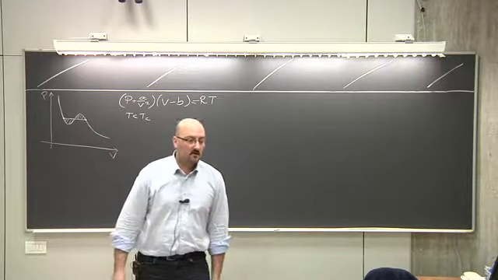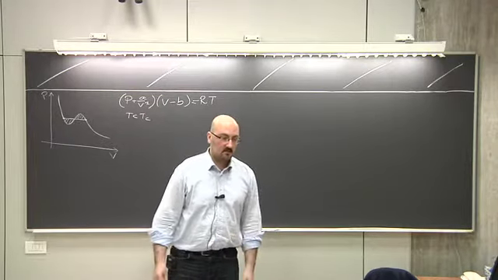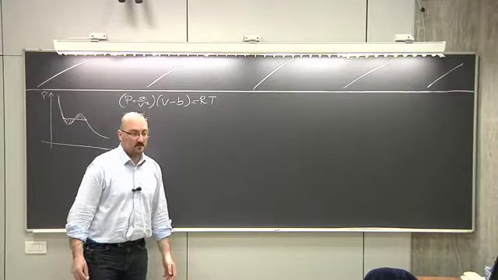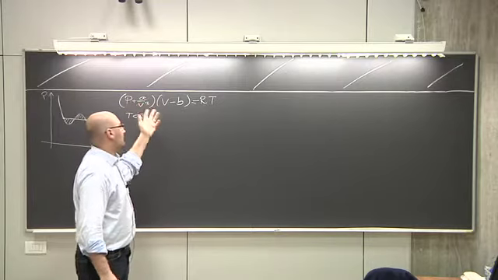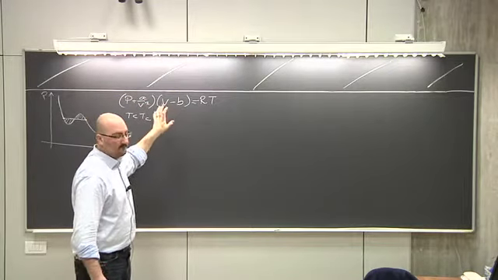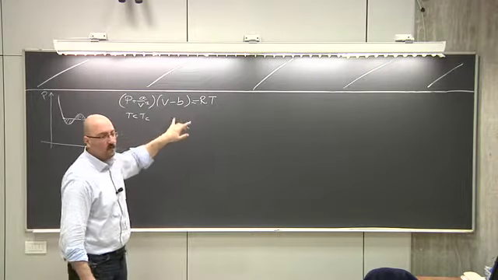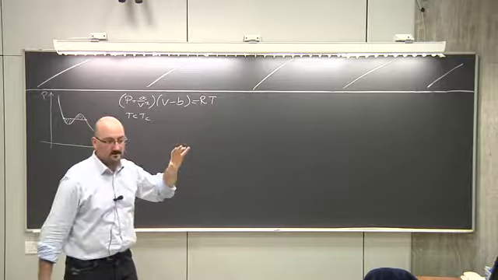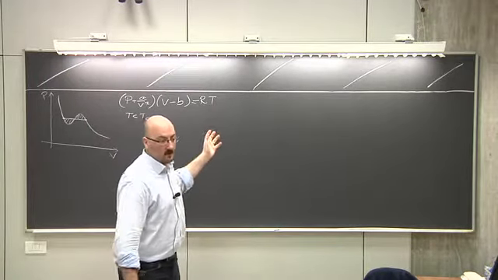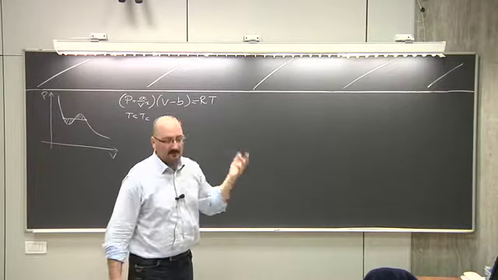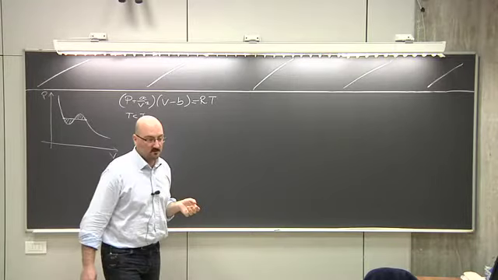The question is, what is the order of magnitude of the constants? That depends on the gas that you're considering, but they're not too big. We can go in the books and find the values of a and b for 1 mole of, I don't know, CO2 or something. But off the top of my head, I don't have the actual numerical values of these constants.